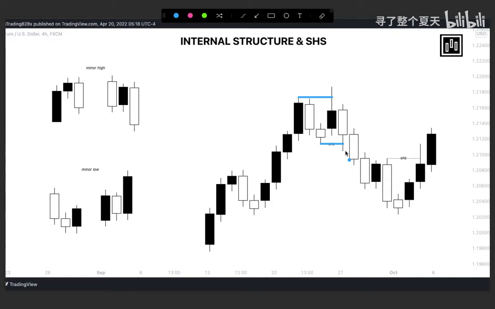So as price pushes to the downside, price created this low, right? And then again, we regard this low to be a swing low, provided that price breaks and closes above the previous swing high, which is this area here.